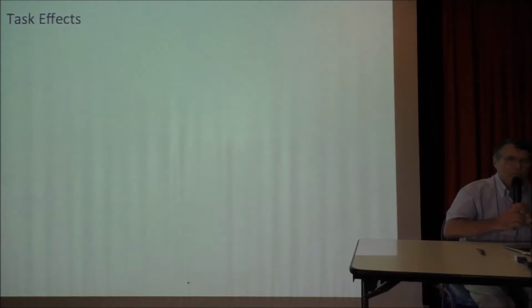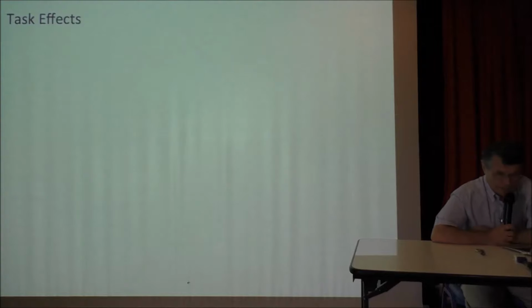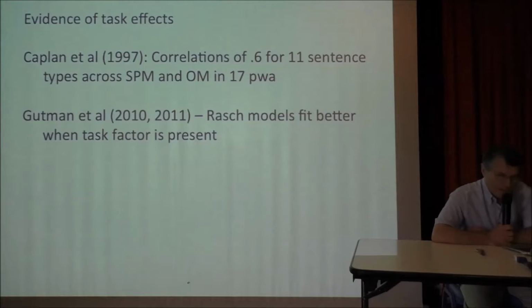Okay, so the first line of evidence has to do with task effects, which I mentioned earlier and yesterday. If you go back 20, 30 years, well, 20, I guess, there has been some evidence that the same aphasic patient can perform differently on two tasks when presented with a semantically reversible sentence of a particular type.